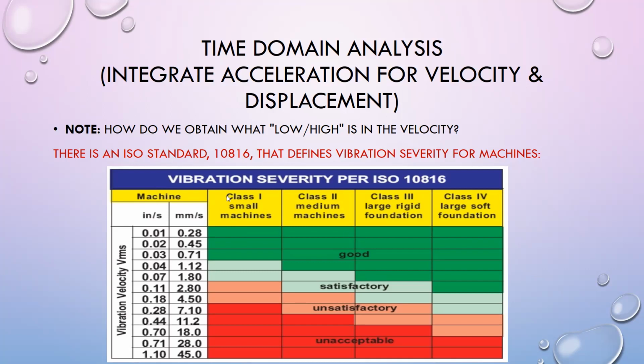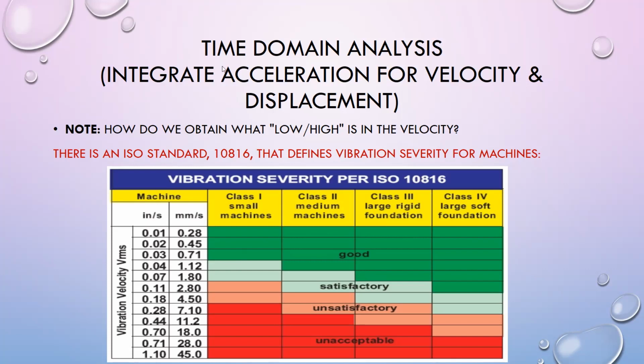According to this standard, we have different classes for the machines, and the dimension of the machines can determine the class of your system. According to the dimension and the class of your machine, we will have different values for the velocity. So if you record the velocity RMS, you can compare it with this standard, and you can find out whether the velocity of your system is acceptable or not.